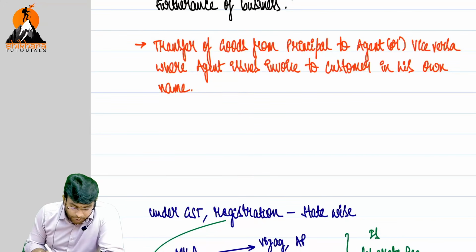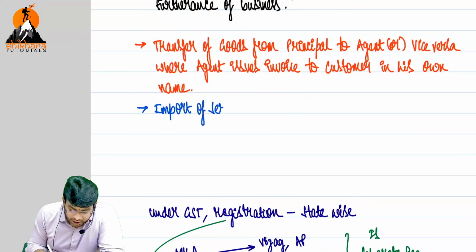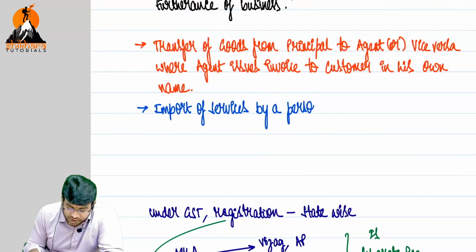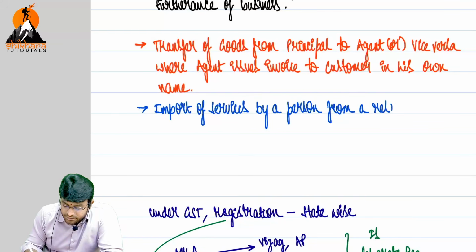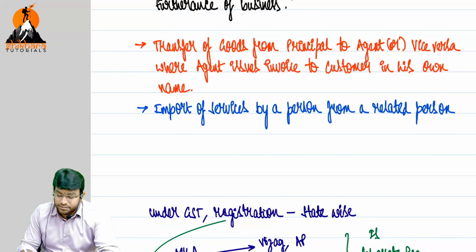Last point, but an important point. Export of services by a person from a related person, I'm sure we know who is a related person. Doubts?